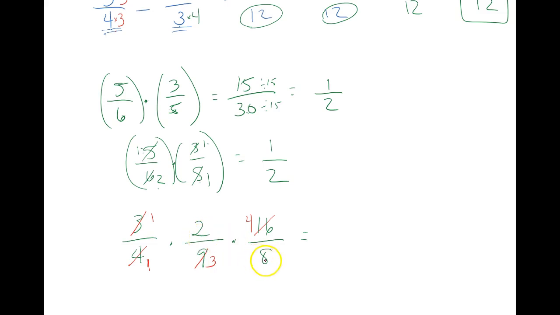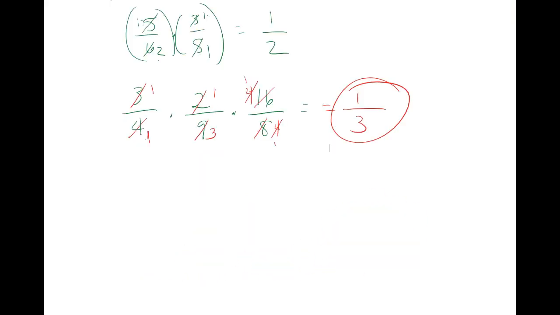And then what about 2 and 8? 2 goes into itself once, 2 goes into 8 4 times, and look at 4 over 4, gone, gone. And what do we have left? The top is 1 times 1 times 1, the bottom is 1 times 3 times 1. And look how quick that was.